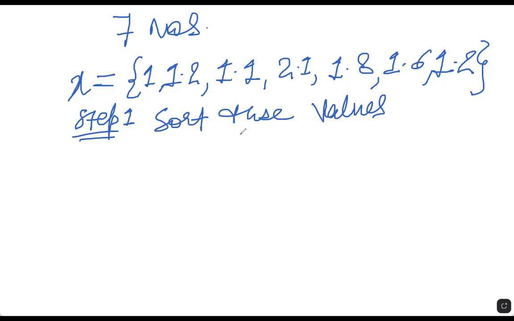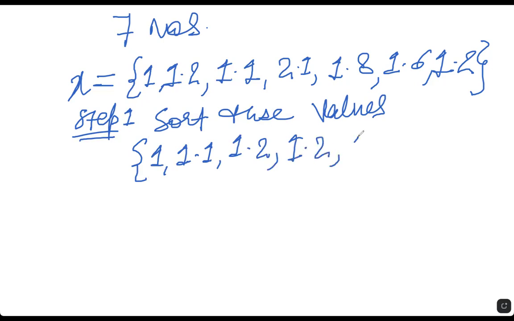After sorting, my values are 1, 1.1, 1.2, 1.2, 1.6, 1.8, 2.1. Fine. These are the values I have after sorting, in increasing order.